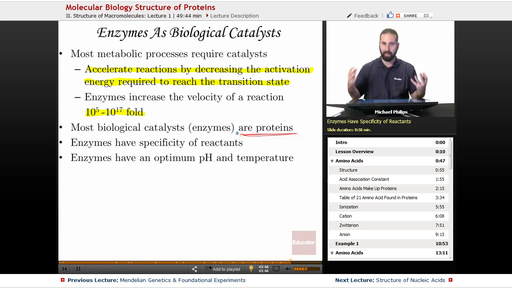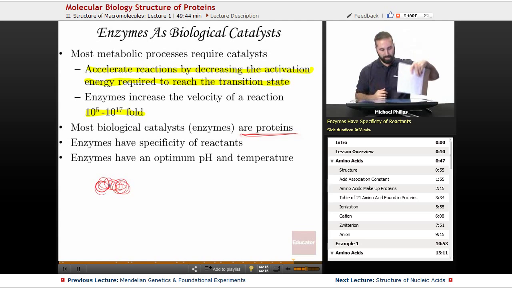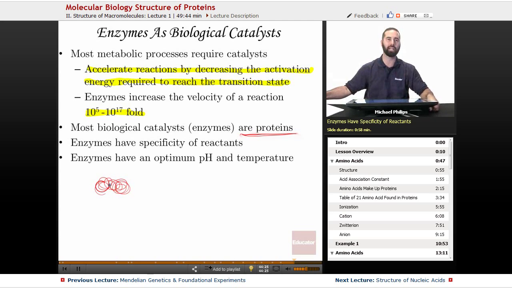So for example, if my hand is an enzyme and the pen is a reactant, it fits in there just fine, and now the enzyme is free to catalyze the reaction, and the product of the reaction is writing on this slide. Now, if my hand enzyme were to pick up, let's say, my notebook as the reactant, do I get the product of writing on this slide? No. So the enzyme is specific to the reactant. It's only going to catalyze a reaction when it has the correct reactant in it.